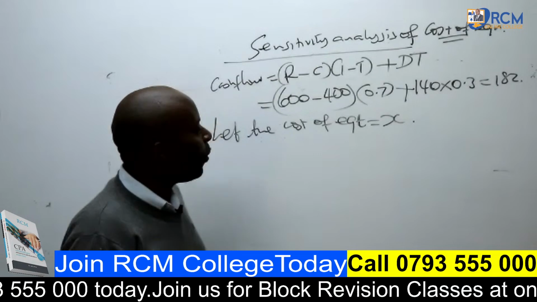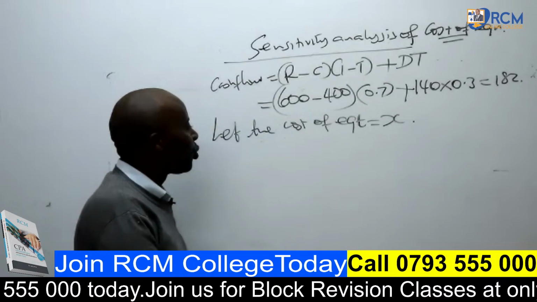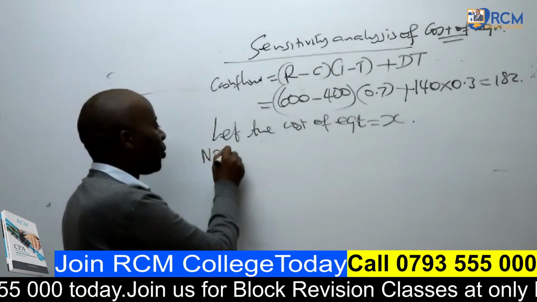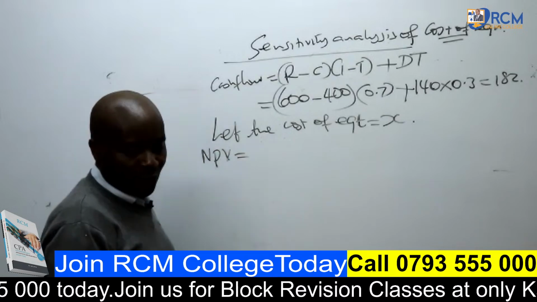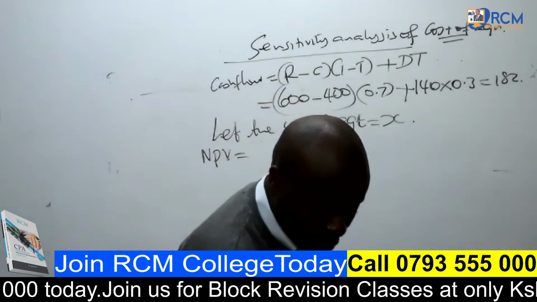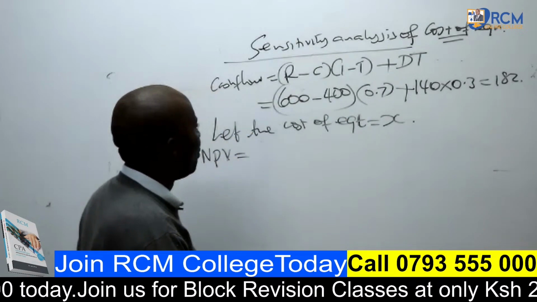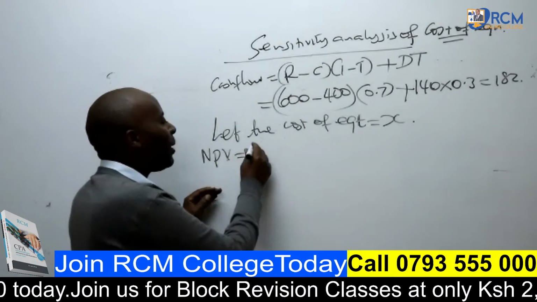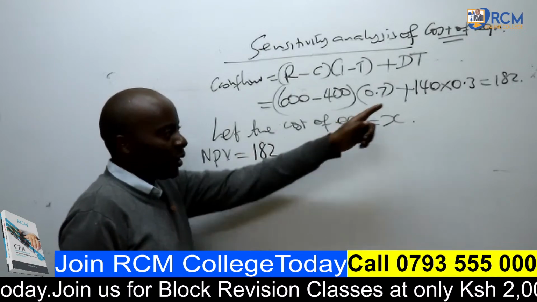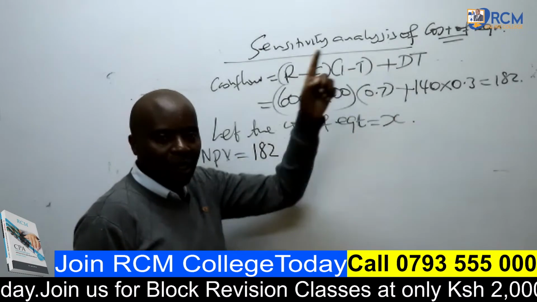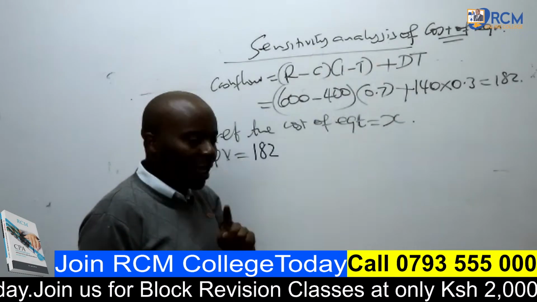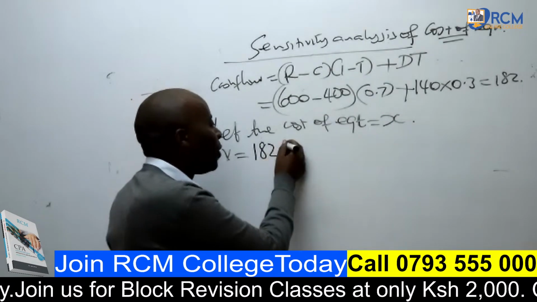And then I will come and write my NPV equation. How will my NPV equation look like? We'll take 182, the one that we got there, which is an annuity figure that we need to discount. So how do we discount this?